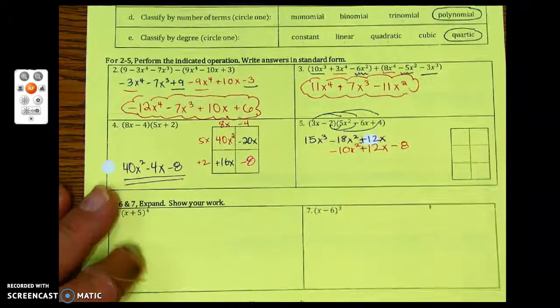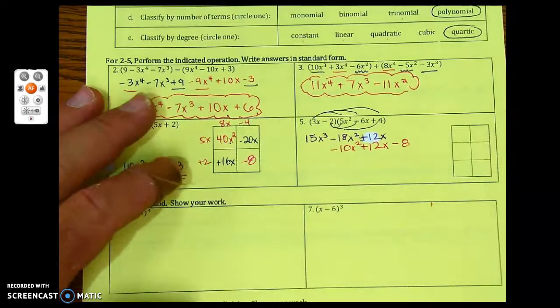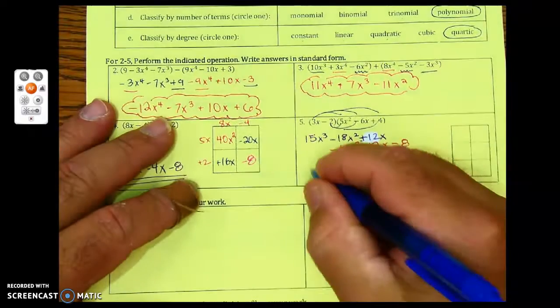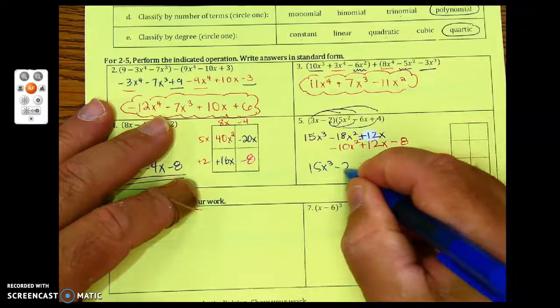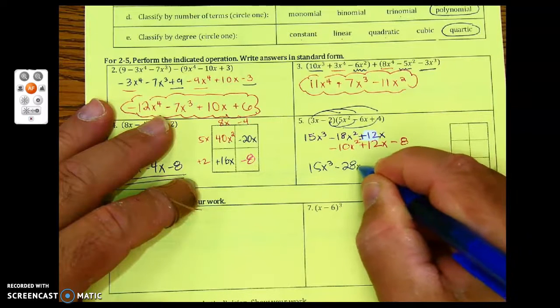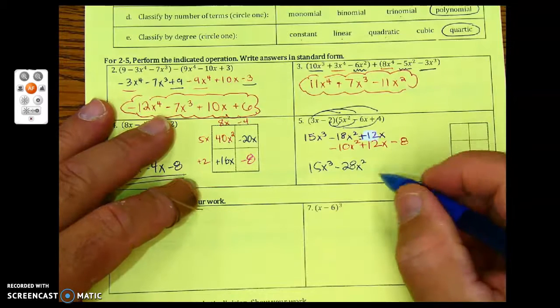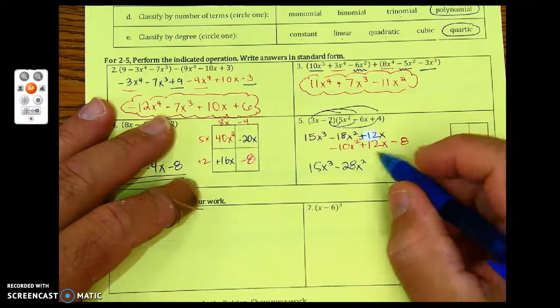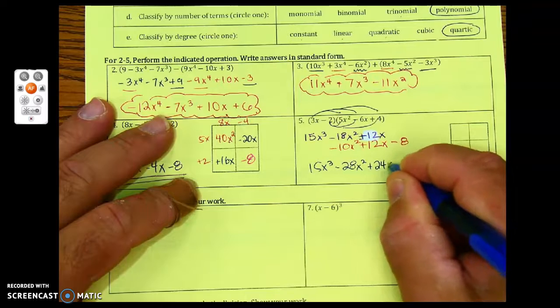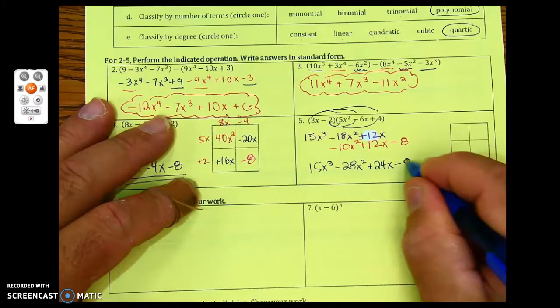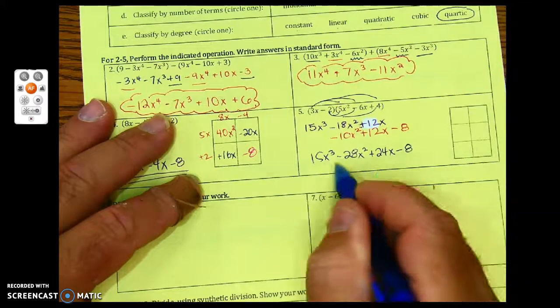There we go. I think I'm on the right track now. And so my final answer, bring down the 15x to the third. Combine these, you get negative 28x squared. Don't change the exponents. Only when you're multiplying do these exponents change. Plus 24x minus 8. And that is your answer.